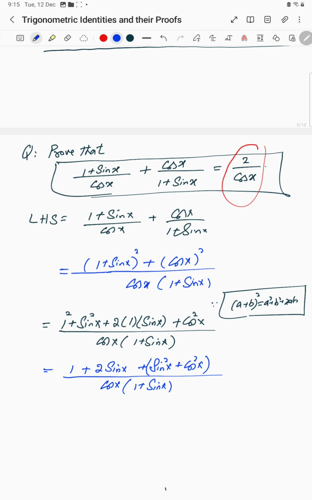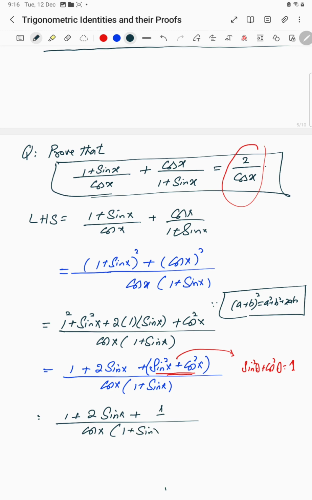Yes, what comes to your mind? This whole bracket is equal to what? Yes, very true: we know that sine square theta plus cos square theta is equal to 1. So this whole will be equal to 1. I will write (1 plus 2 sine of x plus 1) whole divided by cos of x times (1 plus sine of x). Now this one and this one make what?